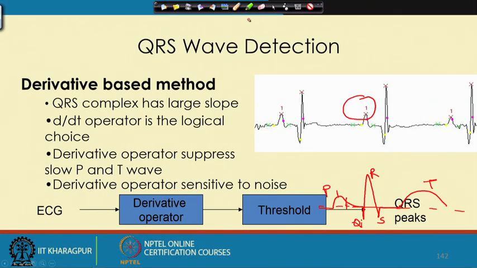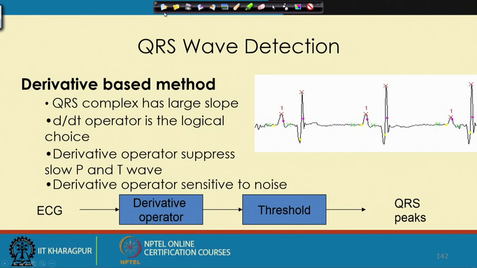Now, let us look at how we can get the ECG signals, how we can detect the different events. When we try to get the event, the first point of attack is naturally the QRS complex, because it has high magnitude and a large slope.